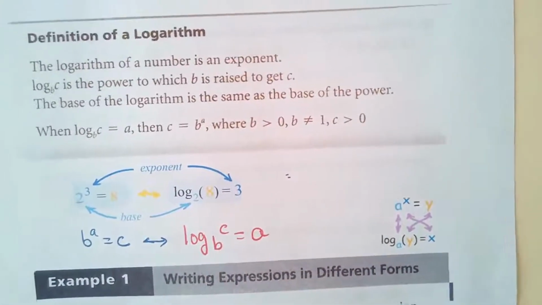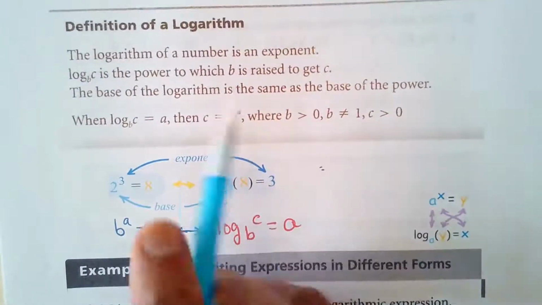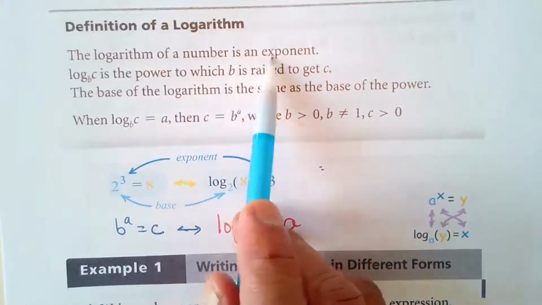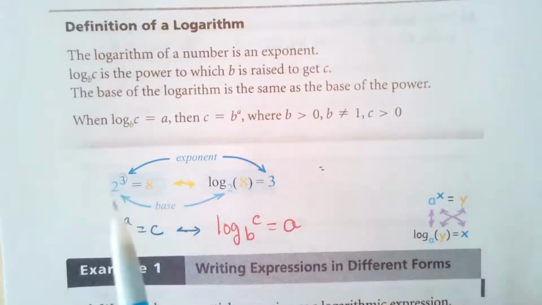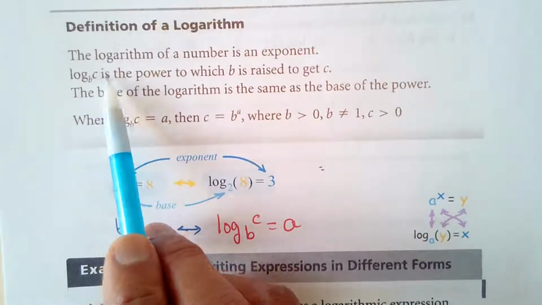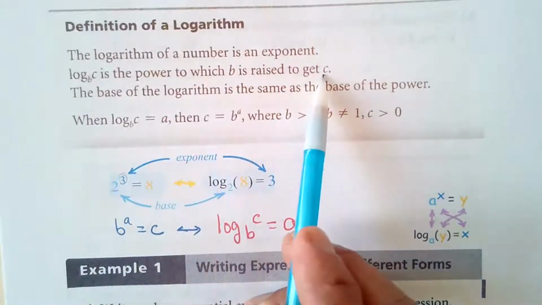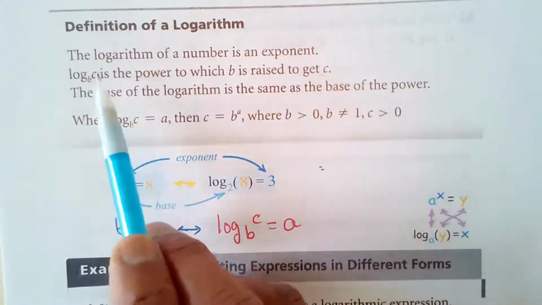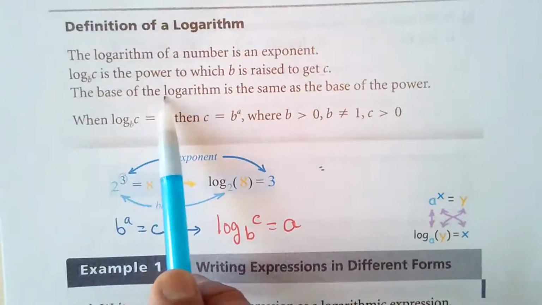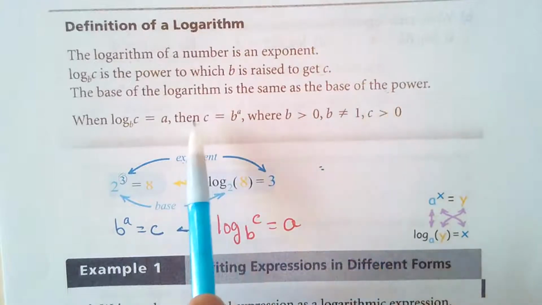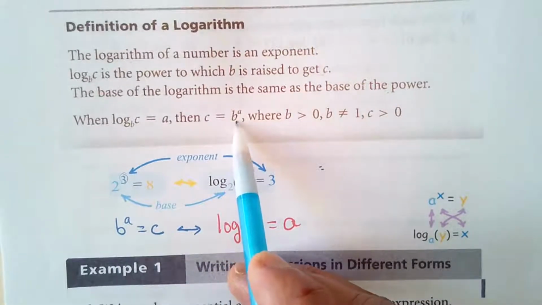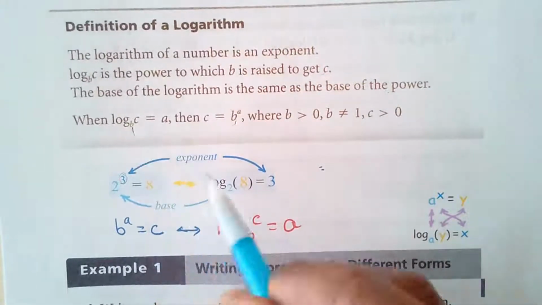So putting all of that together, the log of a number is an exponent. Log base b of c is the power to which b is raised to get c. So the base of a log is the same as the base of the power. Here is the base of the power and the base of the log, so these are the same.